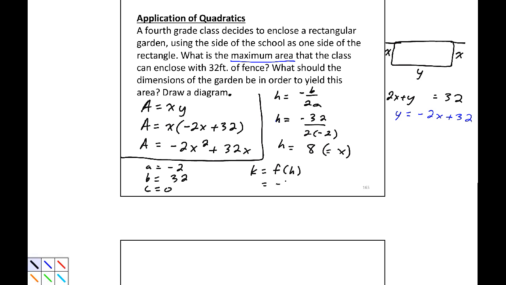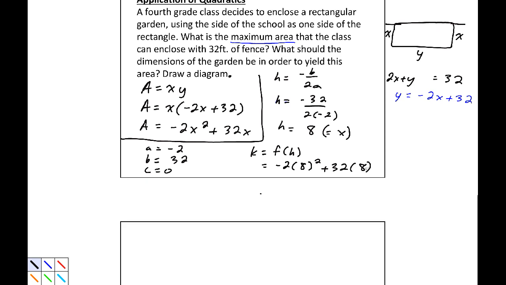So this would be negative 2 times 8 squared plus 32 times 8. So k equals 8 squared, 64, so that's minus 128, plus 32 times 8. This is 128. So that is where our area function is maximized.